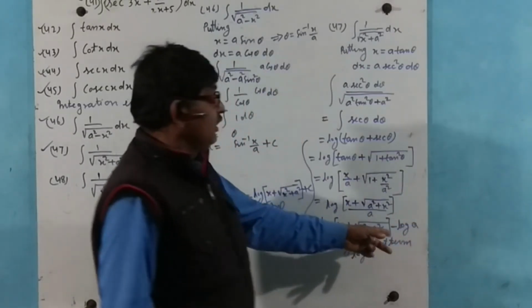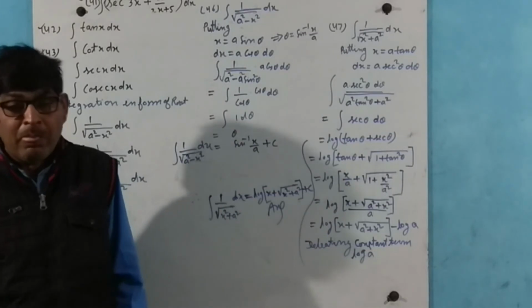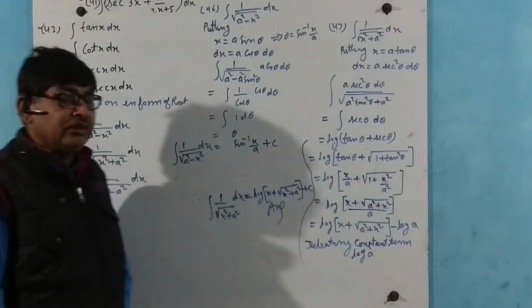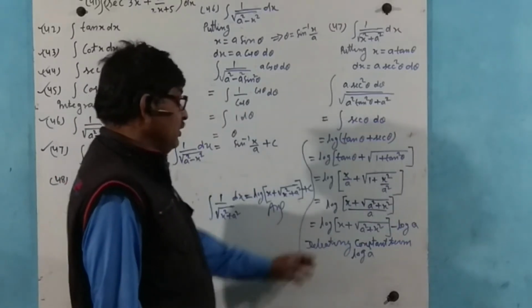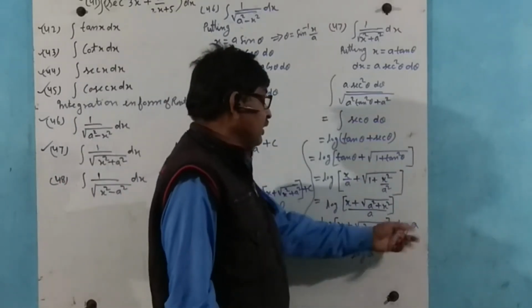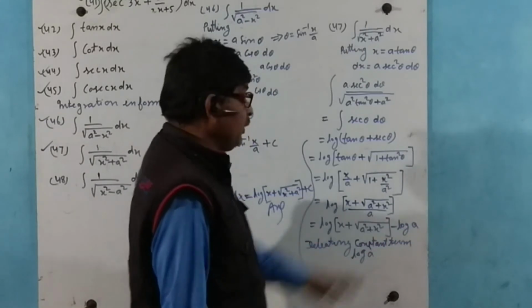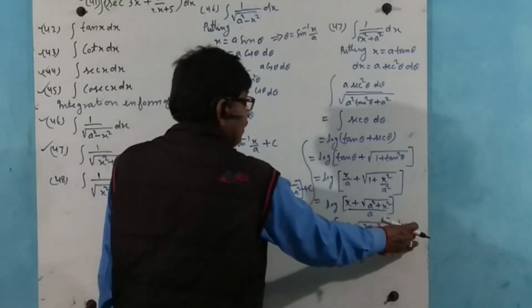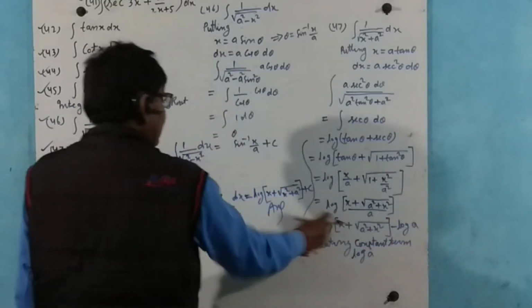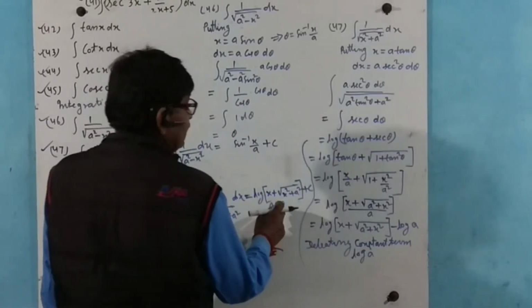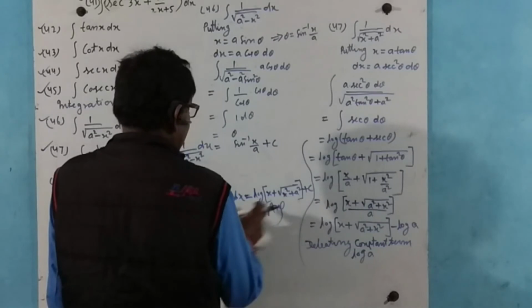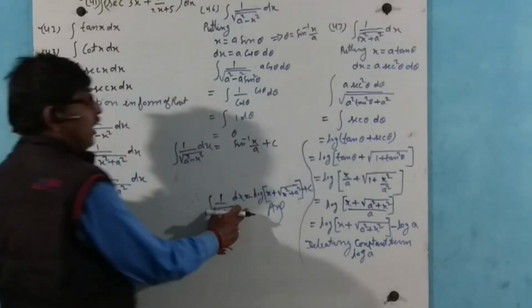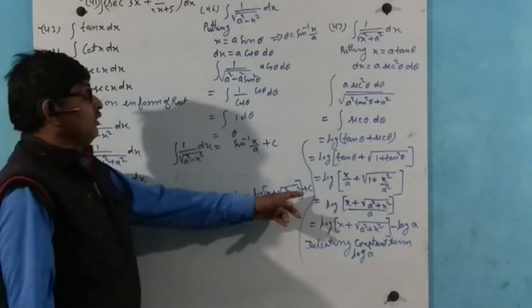Here a is a constant, so log a we can neglect, removing the constant term. So we get log x plus under root x square plus a square, and for the integration we add the constant c in the answer.